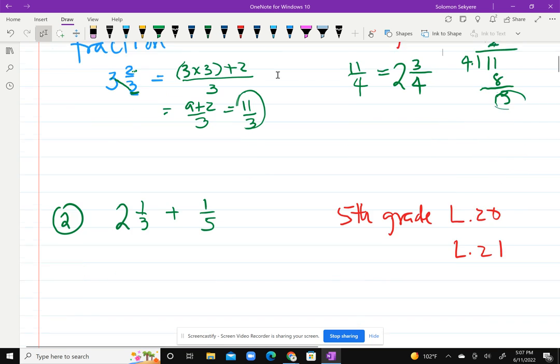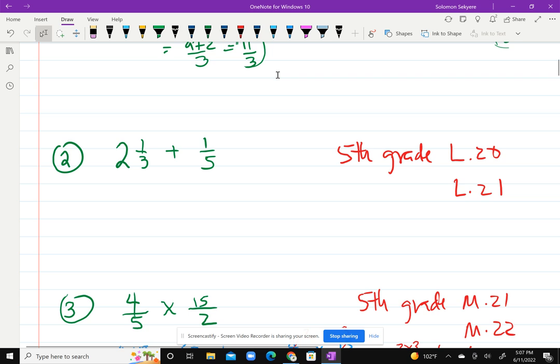Do that. Okay, so now if you're asked to add a mixed fraction and just a regular fraction here, of course you can add these two, 1/3 plus 1/5, or you can convert this to an improper fraction, which becomes 3 times 2 plus 1, 7 over 3 plus 1 over 5. And you know how to do it, right?